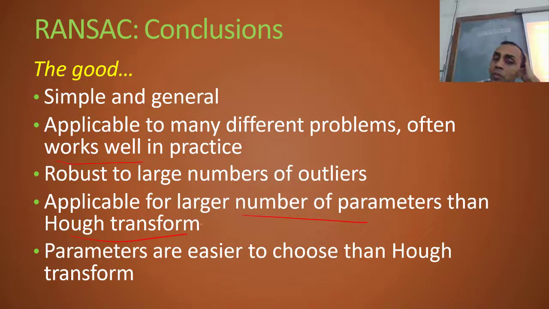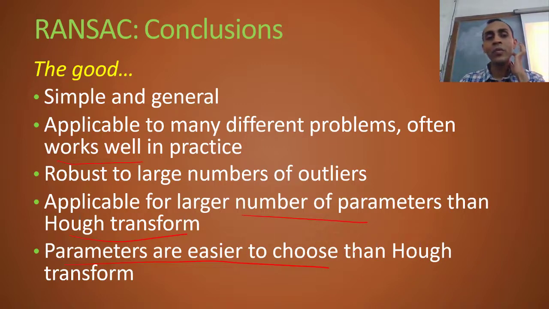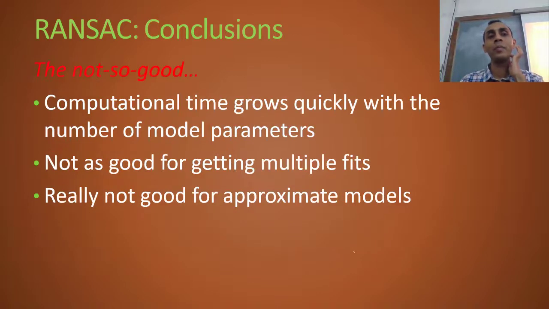Here we can go up to 8 or more without increasing the complexity too much. The parameters are also easier to choose. In the Hough transform, you have to do a lot of fine tuning to find the bin size and all that. Here the parameters are relatively easy and more intuitive to choose: the number of trials, the distance threshold, and the sample set.